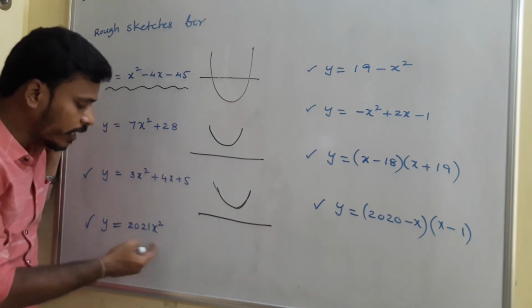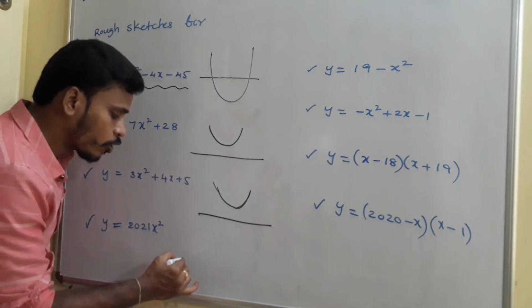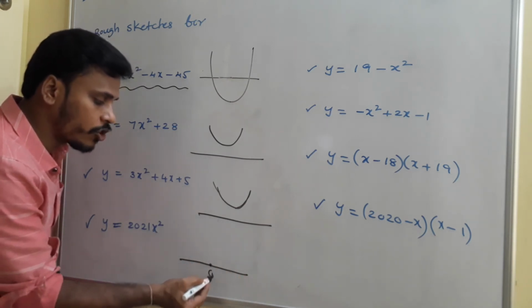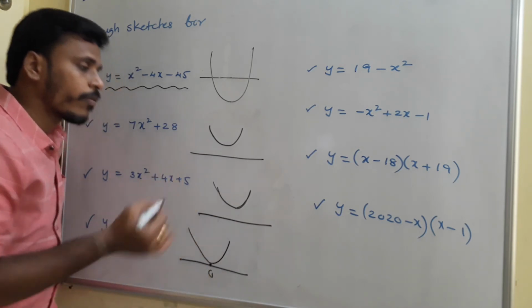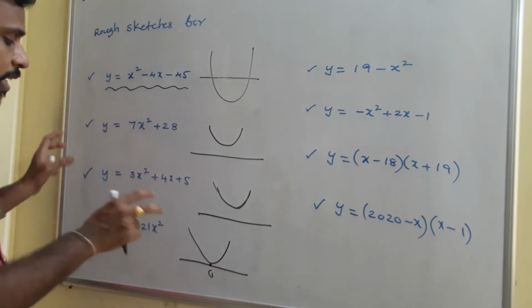When you replace x with 0, you will get y as 0. So if this is the x-axis, somewhere on the x-axis you will have the origin. The graph is an upward parabola that just touches the origin because it has equal roots at 0, 0. So that is the rough sketch for that.